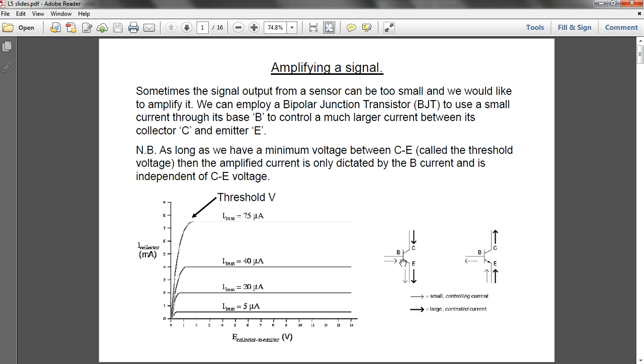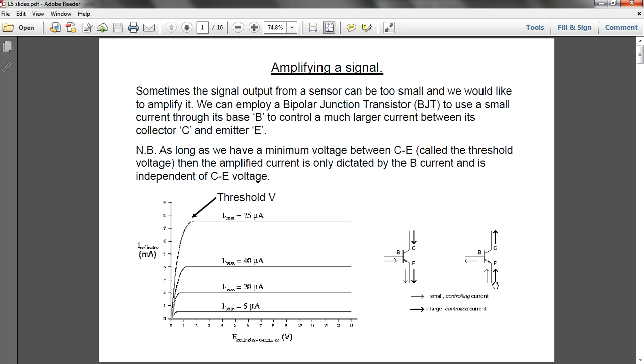You open up the gate to release all the current from this side into here, allowing current to flow from this side to this side. So you input a small current, you allow a large current to flow through. This is like a gate. You put in a certain amount of current, you achieve a certain amount of current flowing from the collector.